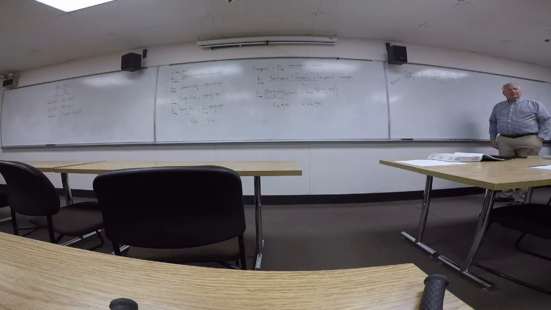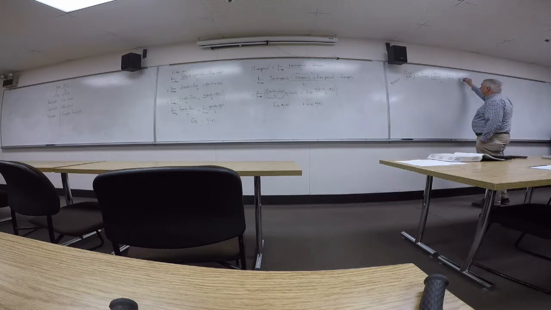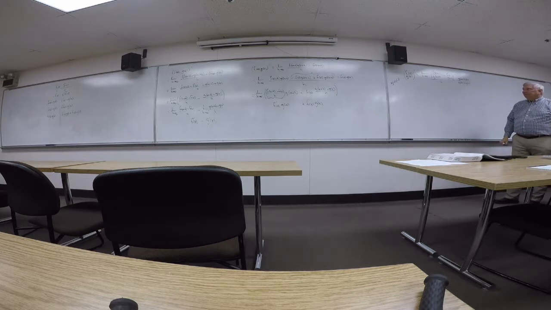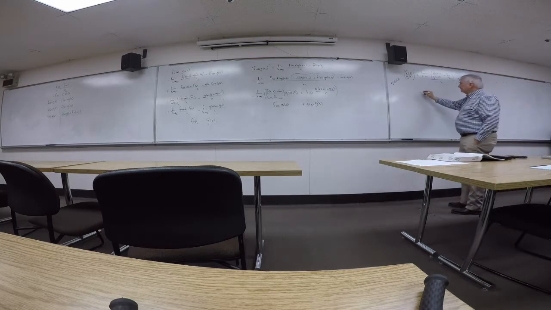Again, compound fraction. So we choose to multiply by a well-chosen 1: g of x plus h times g of x over g of x plus h times g of x. And when we do that, limit as h approaches 0.